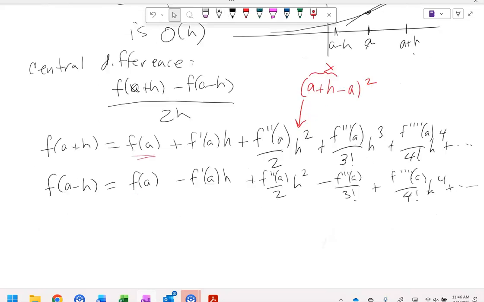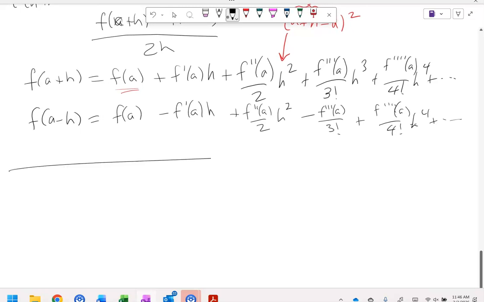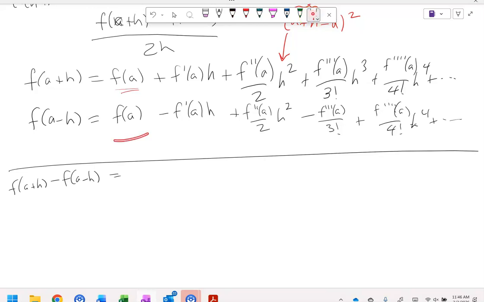So when I take f of a plus h minus f of a minus h, what happens? Those cancel, right? What happens right here when you subtract? Cancels. What happens right here when you subtract? Cancels. The only things that are left are the odds, right?